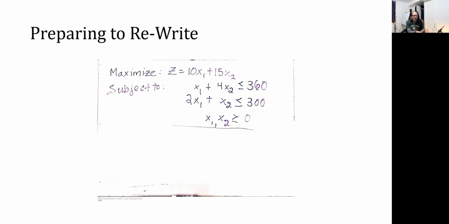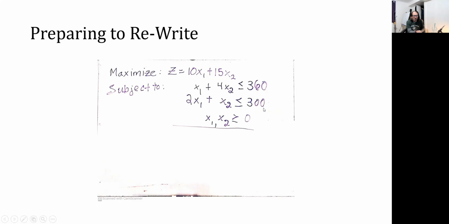All right, so 10 times 120 is 1200, and 15 times 60 is 900, adding up to a total of 2100. 120 plus 4 times 60, that's 120 plus 240. That's exactly equal to 360. 2 times 120 is 240. 240 plus 60, that's 300.